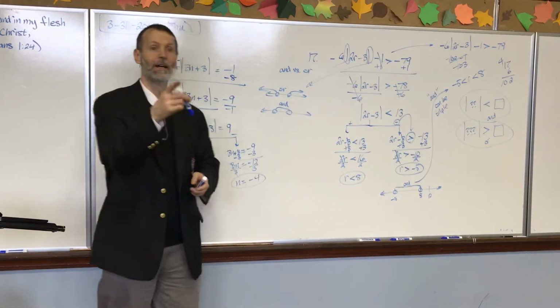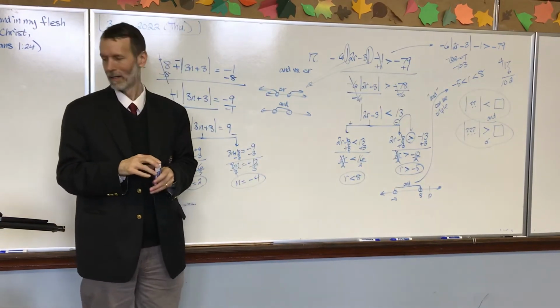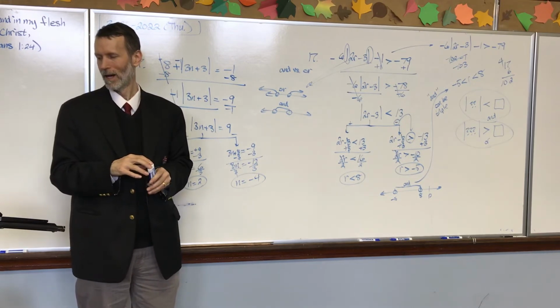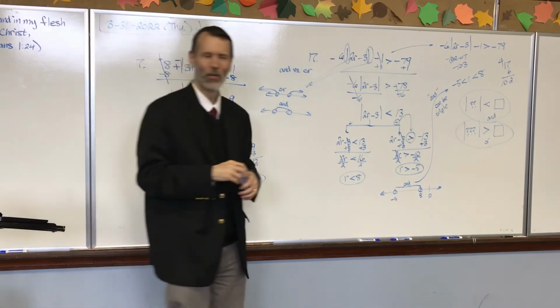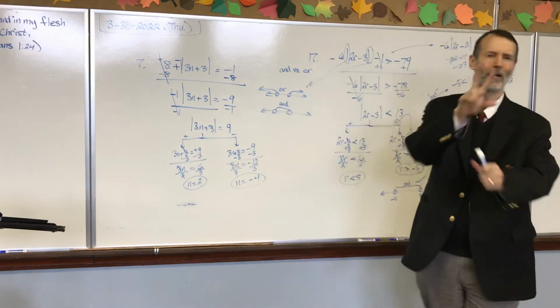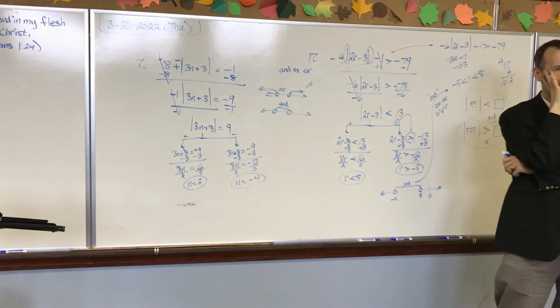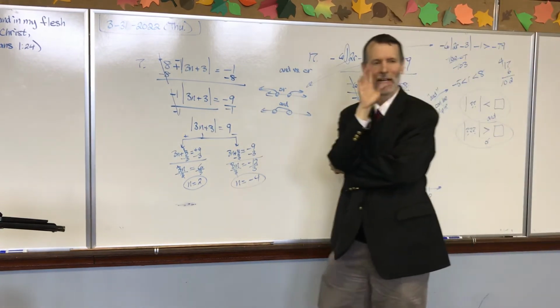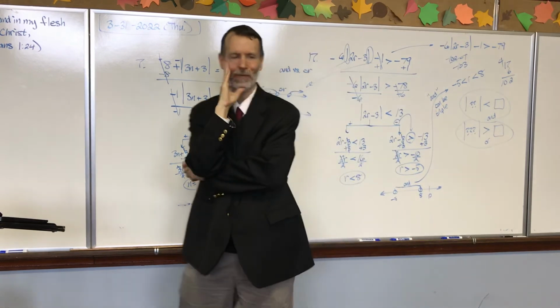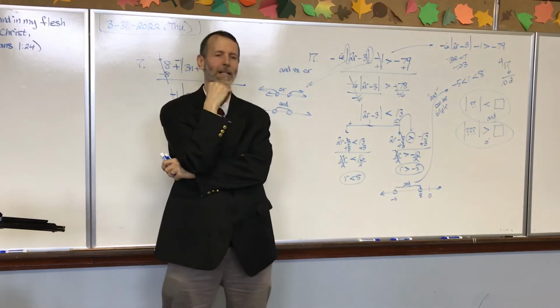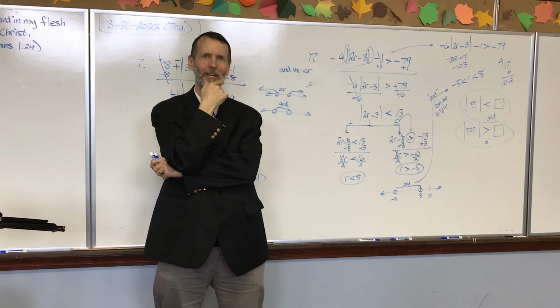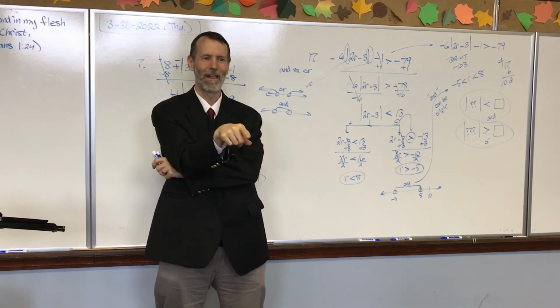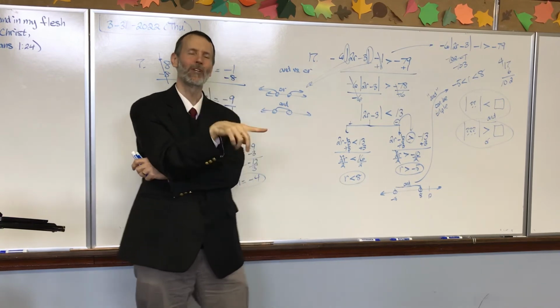Can you explain the difference between no solution and all real numbers again? No solution, first of all, can somebody tell me what an absolute value is? What's the definition of absolute value? It's the distance away from zero.